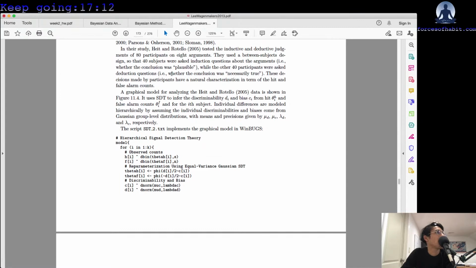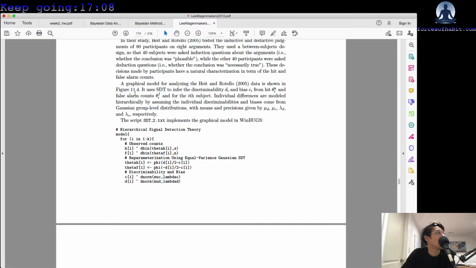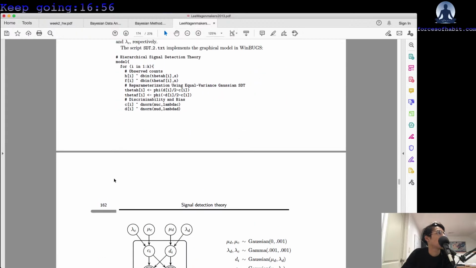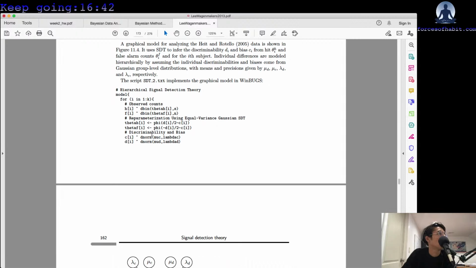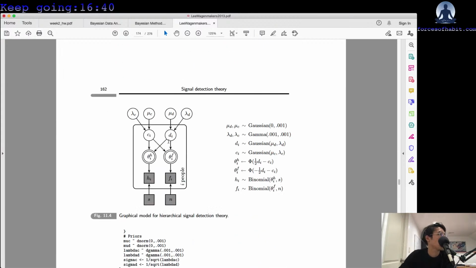So these data, hit rate, individual differences among hierarchically individual discriminabilities come from a Gaussian distribution. And then here we go. And this is fairly standard. K here is the data sets.